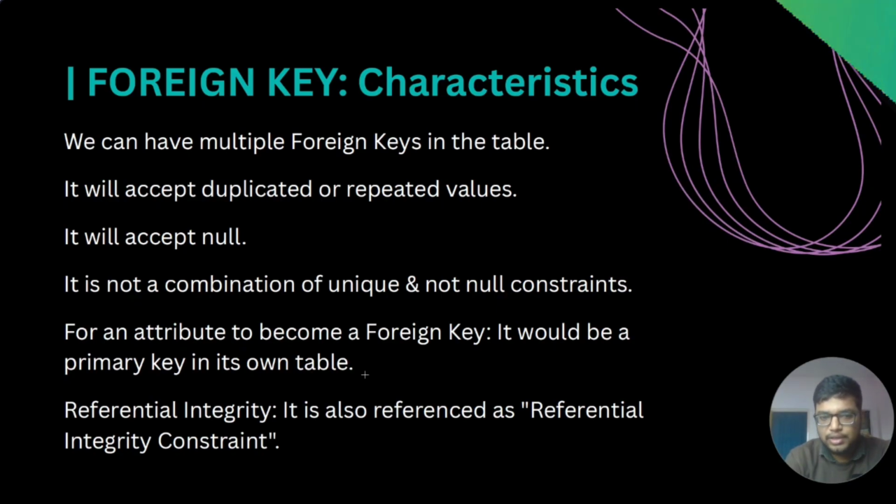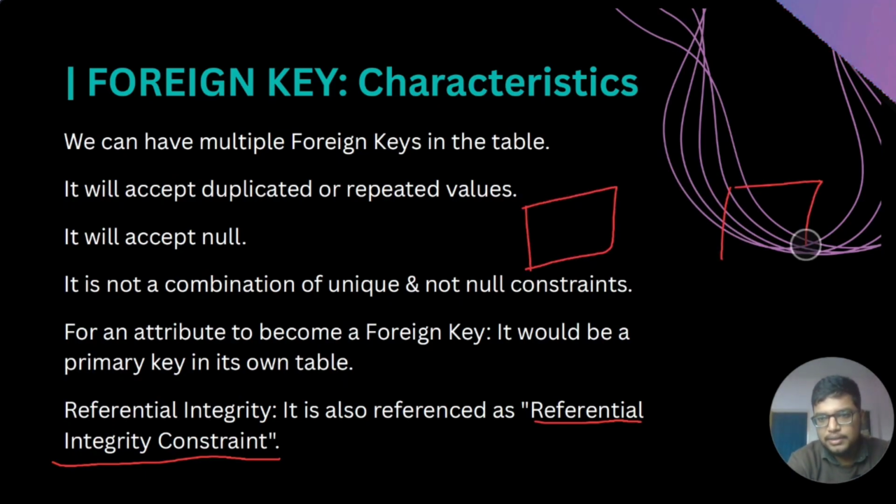And this concept is quite important. It is also referred to as a referential integrity constraint. This is an important thing, you just have to mark it. Referential integrity constraint means foreign key. Why referential? In these two tables, here name is the primary key. I add name here as a foreign key.